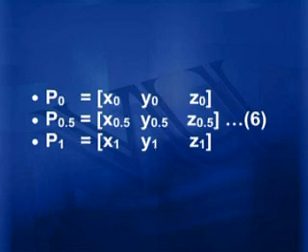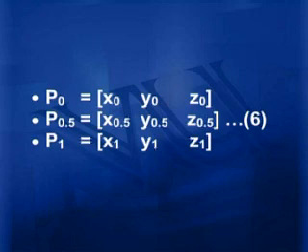You can see on your screens now P0 is equal to a row vector x0, y0, z0. P 0.5 is yet another row vector x 0.5, y 0.5 and z 0.5. Similarly, P1 is defined as x1, y1, z1.